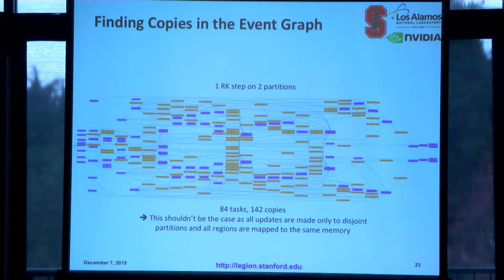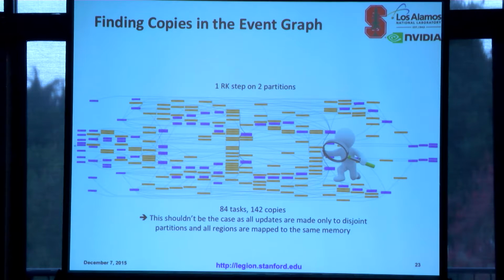But if you think about the structure of MiniAero, it partitions the mesh into several blocks, and each task only writes to its own block and only makes read accesses to the other blocks. So it doesn't make much sense to have this many copies here.